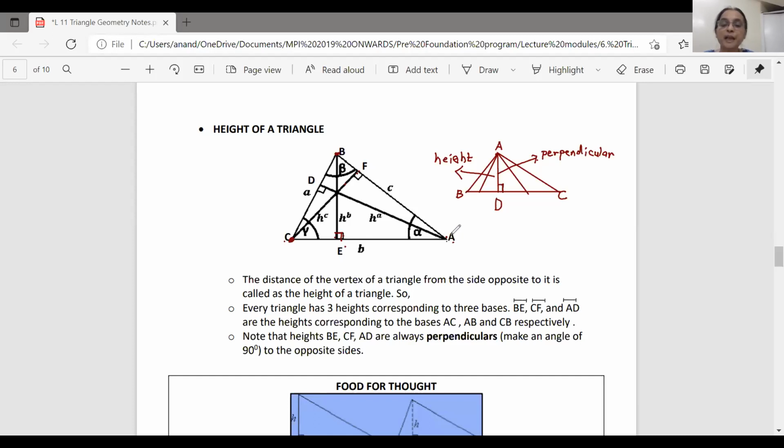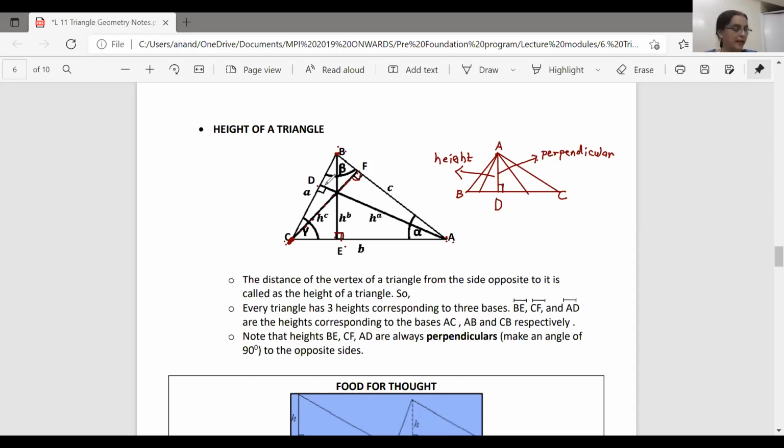If I am taking AB as the side and I want the height, then I will take the opposite vertex, draw a perpendicular and measure this. This will be the corresponding height with this base. Similarly, if this is my base, I will have one more height from it. So for any given triangle, there are 3 vertices and therefore there will be 3 heights for every triangle.